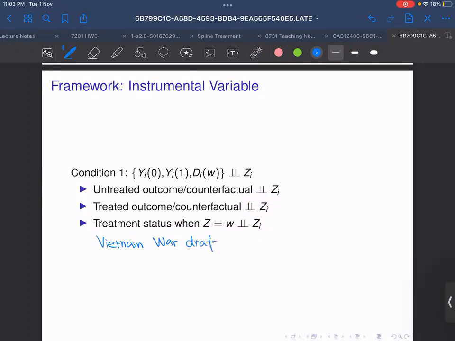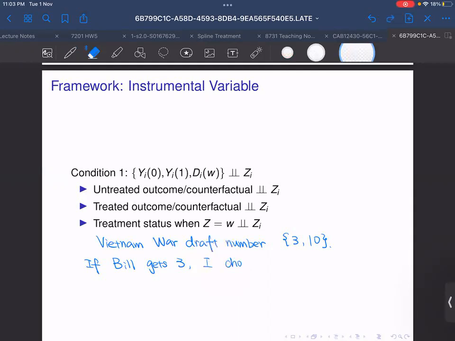Draft number. And there are two possibilities. One is 3, the other is 10. All right. So if Bill, which is my name, gets 3 as his draft number, then he will not join the army.